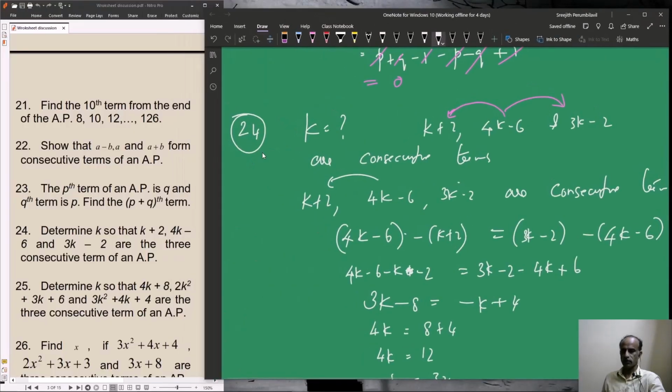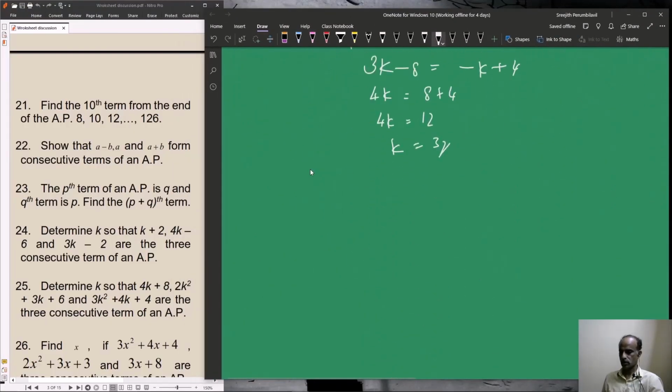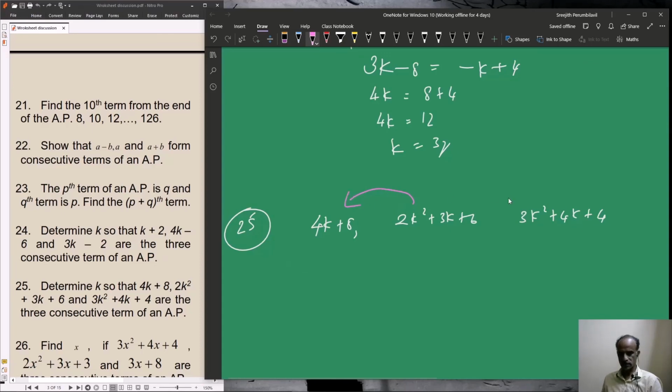Similarly, we have one more question of the same sort. Question number 25. Only difference is quadratic coming. Determine k so that 4k plus 8, 2k square plus 3k plus 6 and 3k square plus 4k plus 4 are 3 consecutive terms. So what happens? The common difference is the same. The difference between this term and the preceding term is the same as the difference between this term and the preceding term.